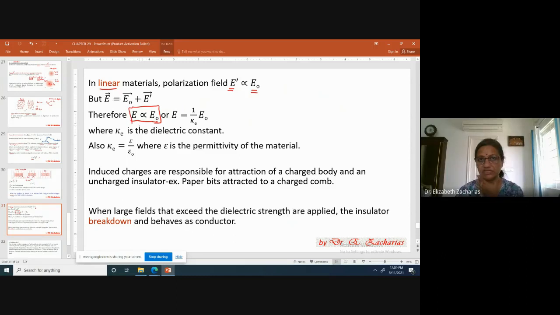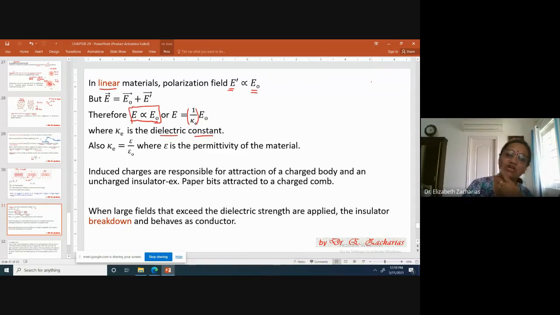You can put in a proportionality constant, which is 1 by kappa E. It's not K, it is kappa E, and this kappa E is called the dielectric constant of the material. You will see the dielectric constant only for dielectrics or insulators. That's why it's called the dielectric constant. Kappa E is the dielectric constant of the dielectric.